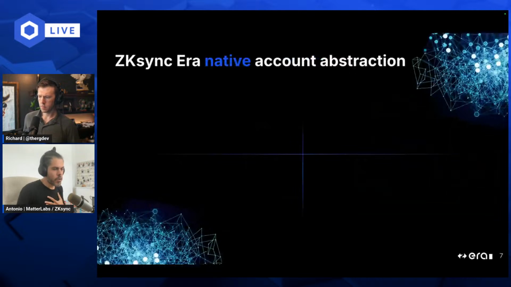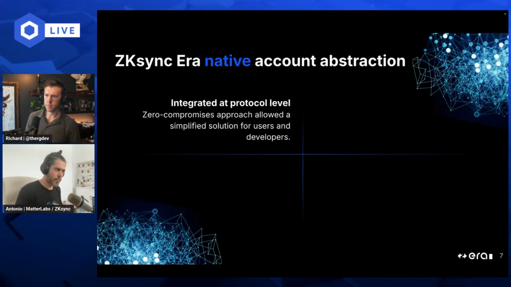And on ZKsync, we were building a protocol from scratch, and we knew we wanted to implement this at the protocol level, so we did things slightly differently than EIP 4337. So yeah, we integrated it at a protocol level, and I'll show you a diagram with the differences, but overall, it's a simplified version of it.